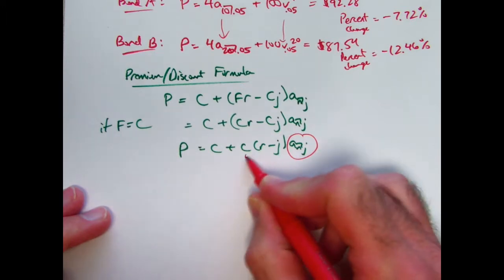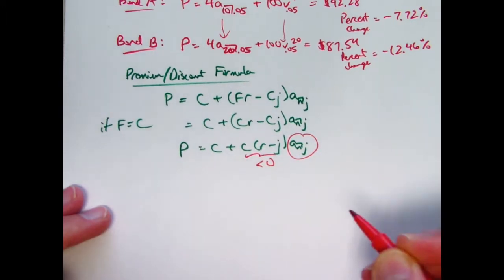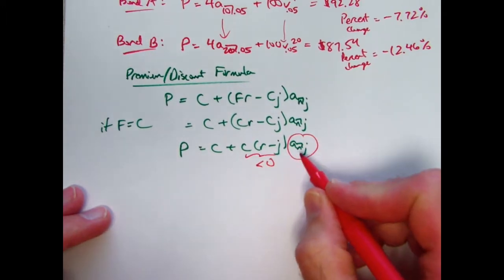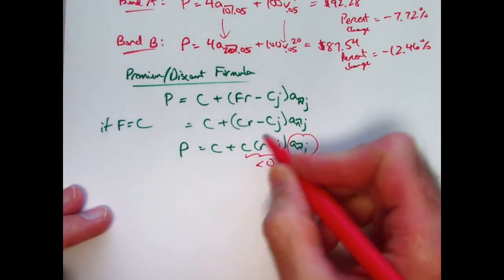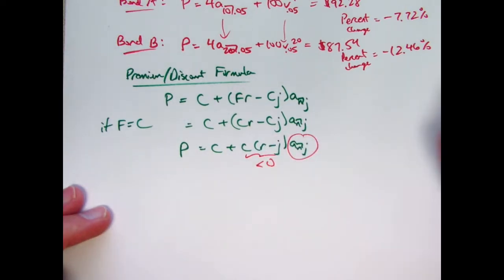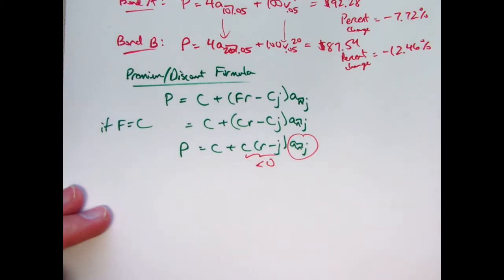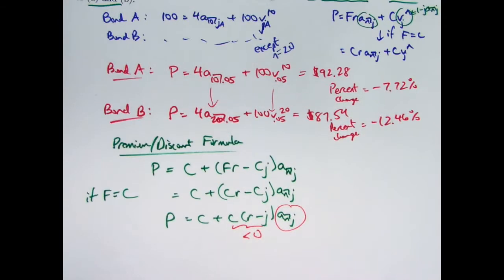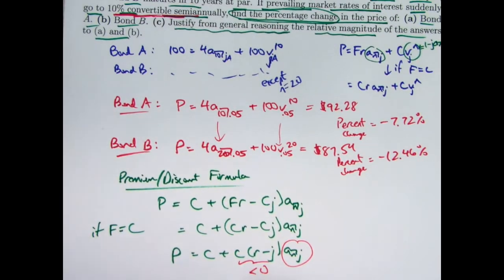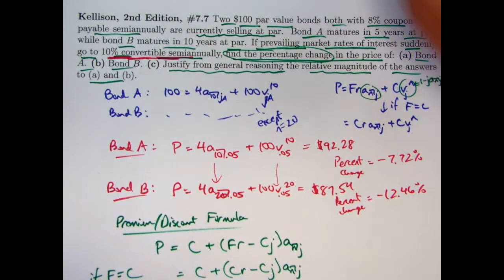But if this is negative, as it is in this problem, when n is larger, that's going to make this thing a negative number further from 0, bigger in magnitude. So when you have C plus that negative number that's further from 0, it will go down more. Bond B's price went down by more. So that premium discount formula is a nice way to think about what went on here in this problem.